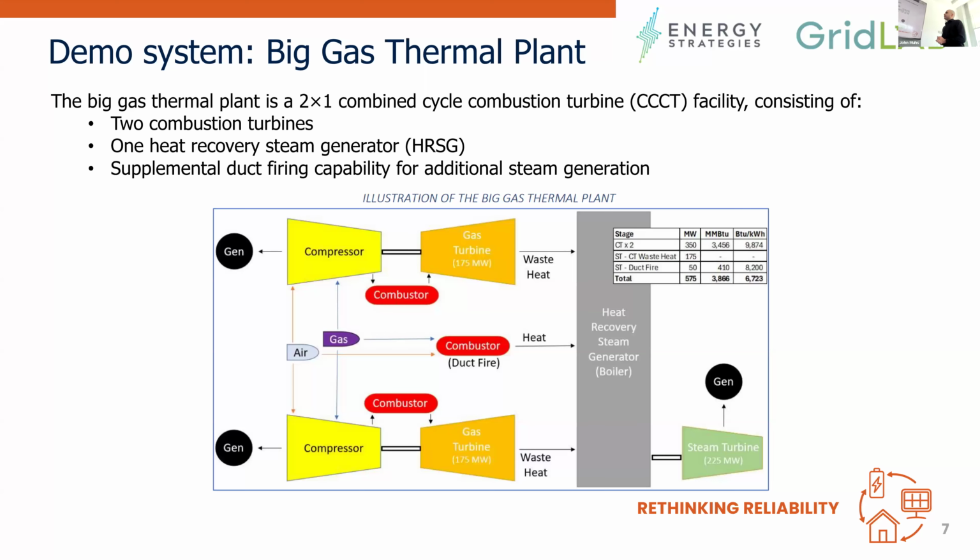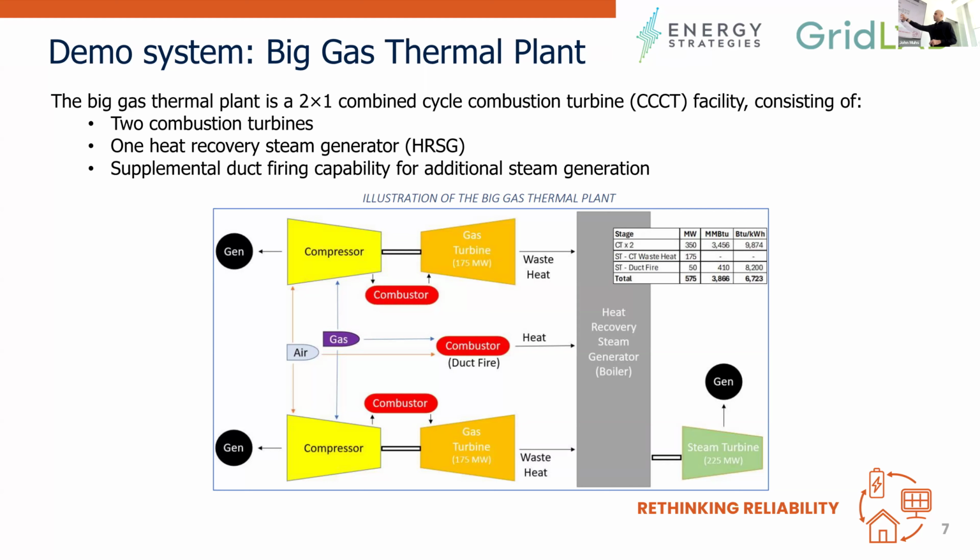Here you can see the illustration of the big gas thermal unit. It's a 2x1 combined cycle combustion turbine, and it consists of 2 combustion turbines. Each of them has 175 megawatts, and there is one heat recovery steam generator.